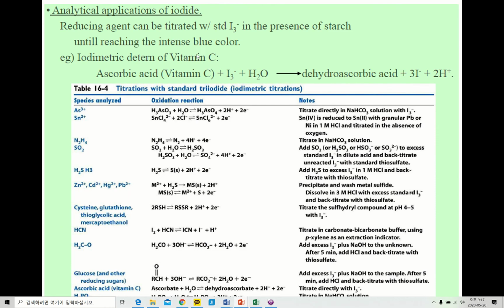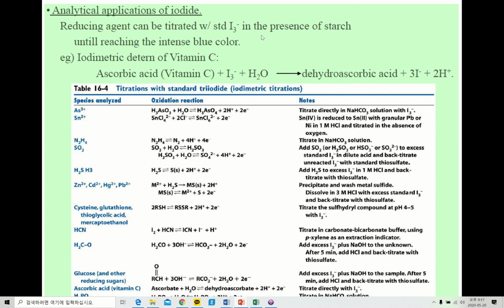Here are the analytical applications of iodine. A reducing agent can be titrated with a standard triiodide solution in the presence of starch indicator until reaching the intense blue color. This is iodimetry.